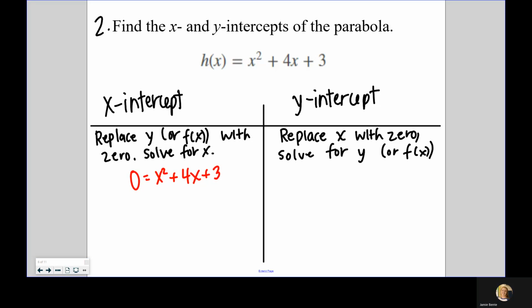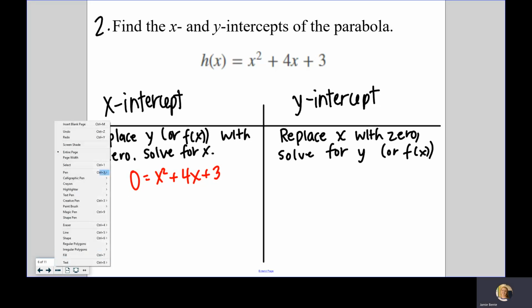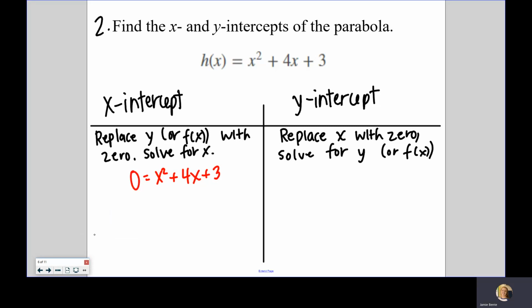To solve for x, there's two ways you can do this. You can either factor this, or you can use the quadratic formula. I'm actually going to show you the quadratic formula because that method works every time. You can't always factor, but you can always use the quadratic formula.